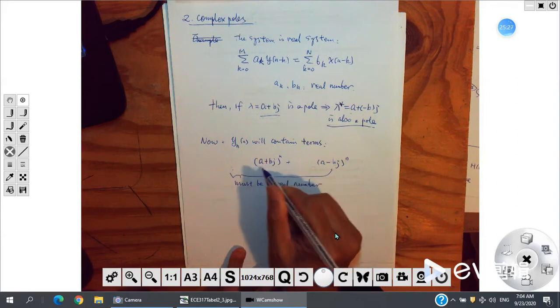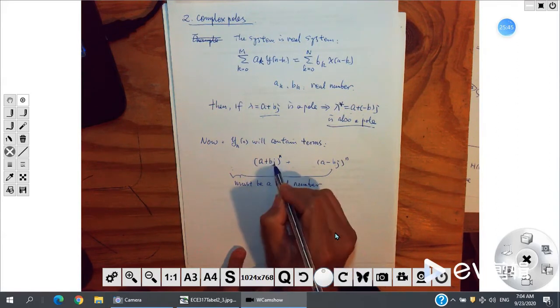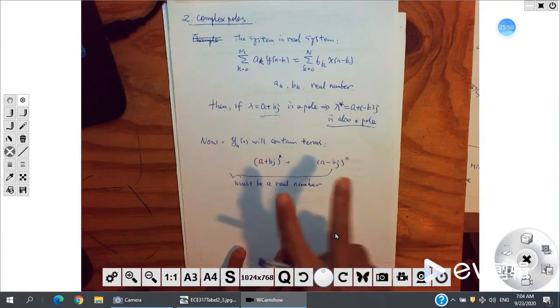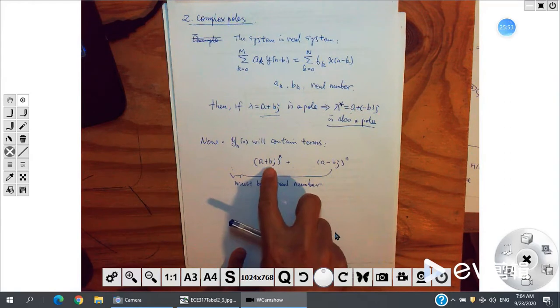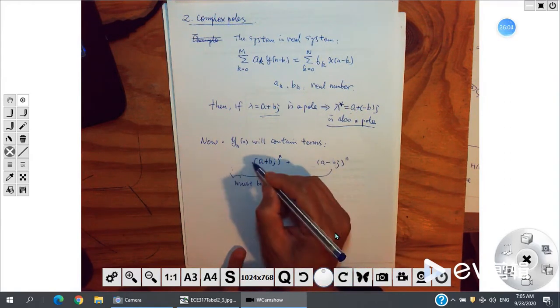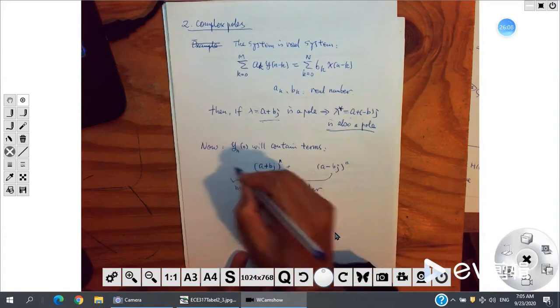You have so many terms here, some with j, some without j, and this is also some with j, some without j. If you only have these two, the j terms can be cancelled. But now we need to put some constant in front of it. What kind of constant can we have? Actually we have two choices.